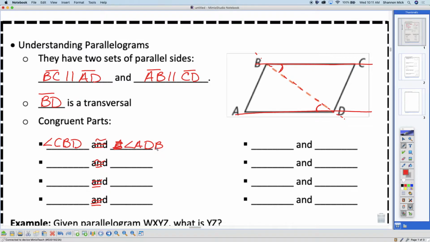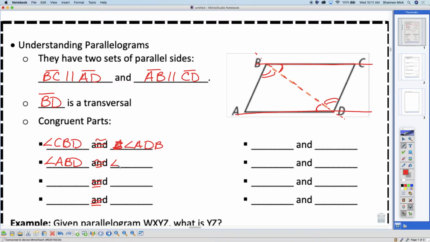Okay, well, what do I know about this angle and this angle? It's the same thing because they're alternate interior angles, correct?